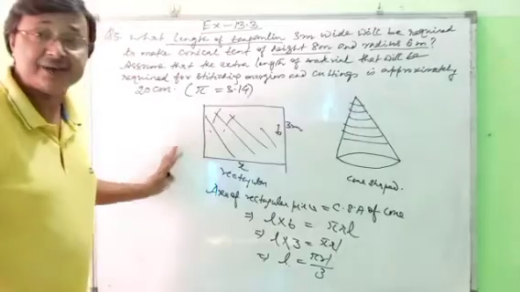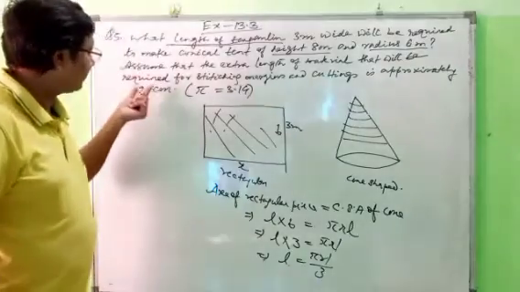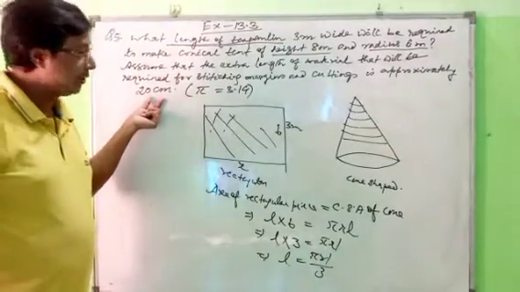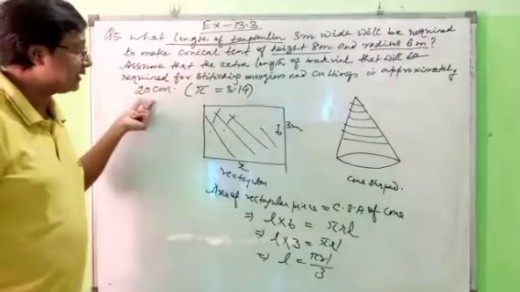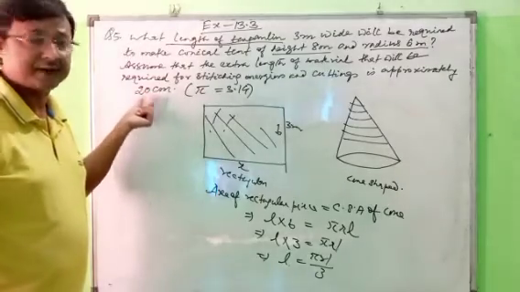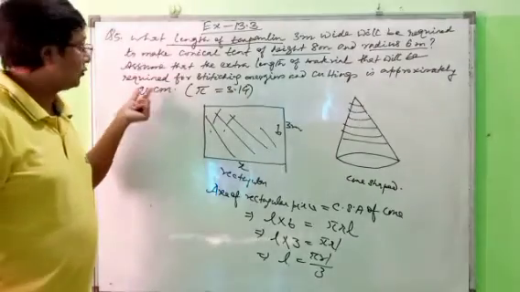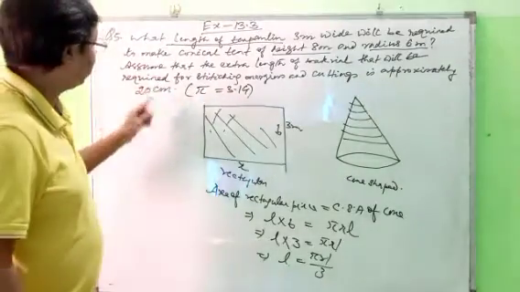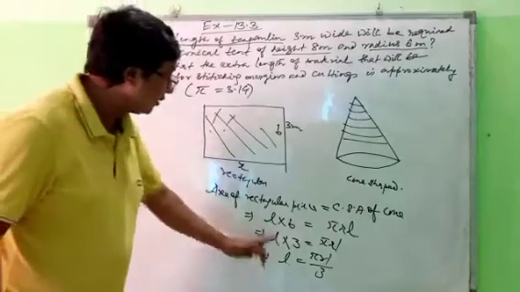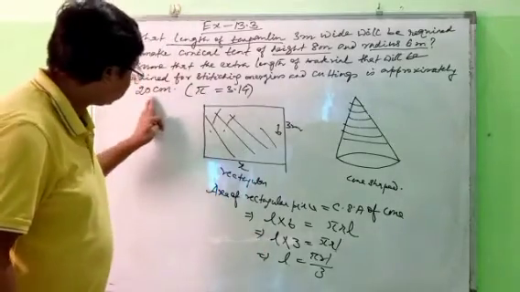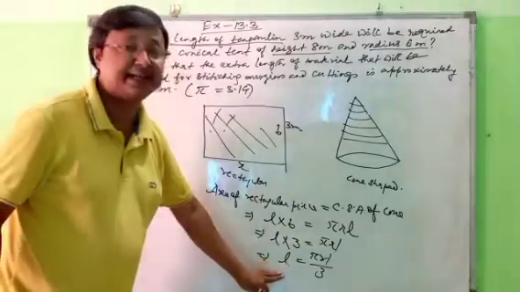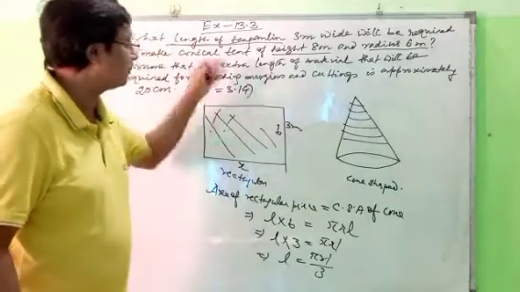To get the actual length of the tarpaulin cloth, you are going to add this 20 centimeter, because this is the extra length of tarpaulin that was cut out due to adjustments. Then you will get the total length of the tarpaulin cloth.